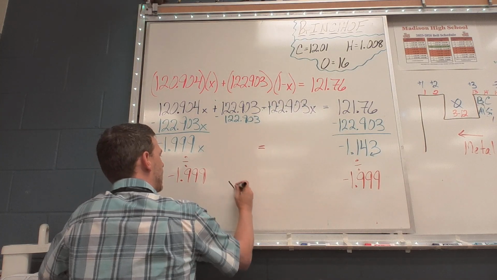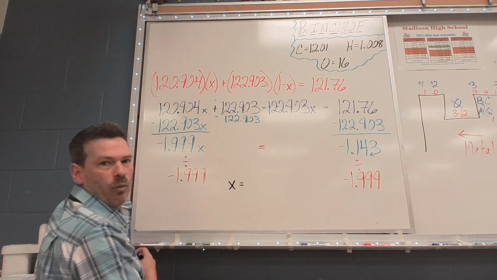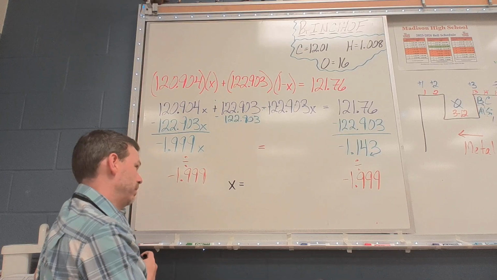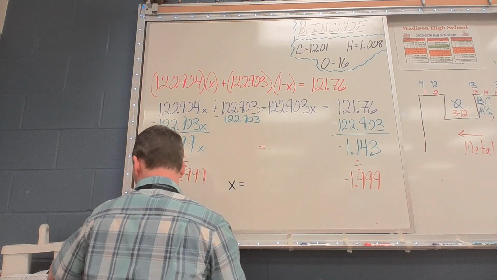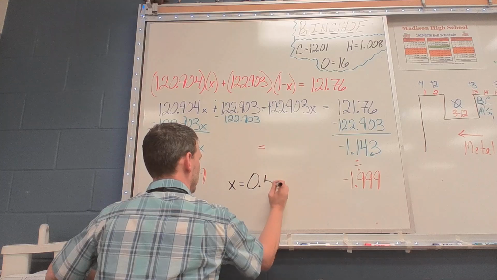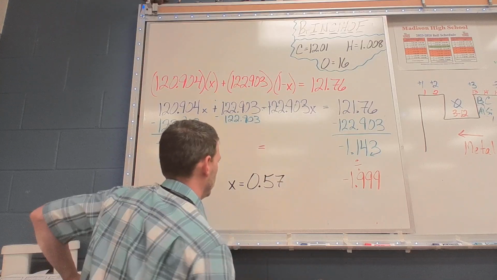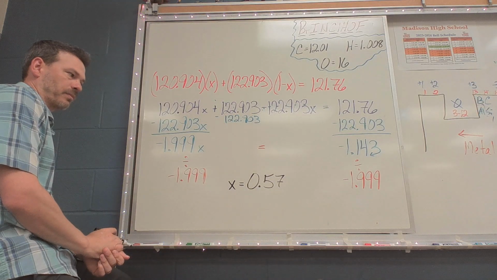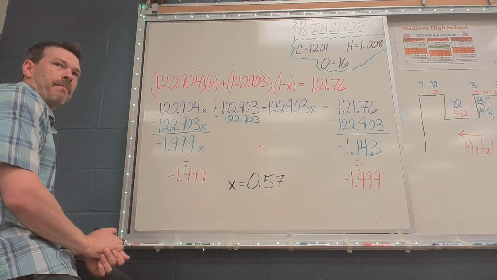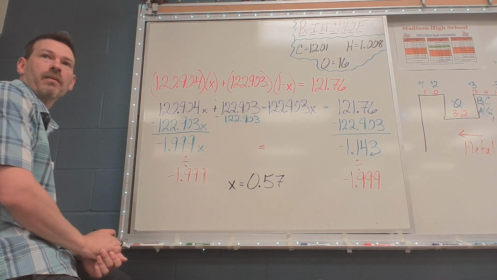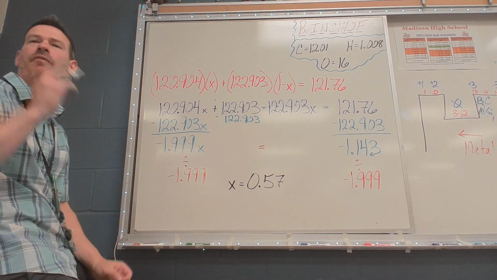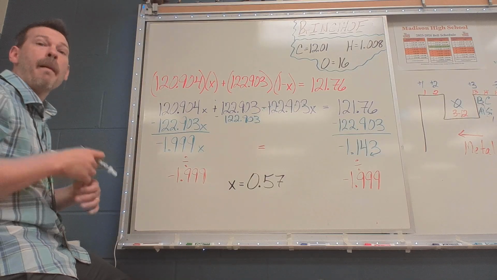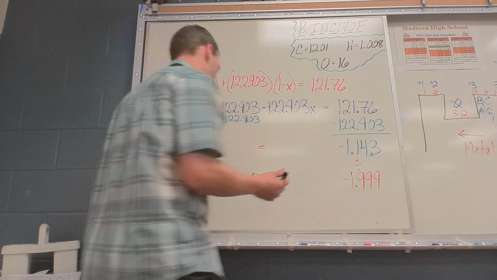And once x is isolated, I will be very close to an answer. That is the abundance of the first isotope, but it's not a percentage. How can I turn it back into a percentage? Times 100. Slide the decimal to the right twice.